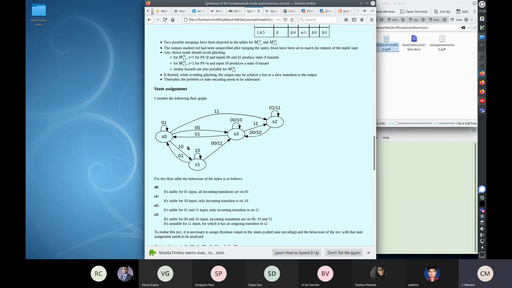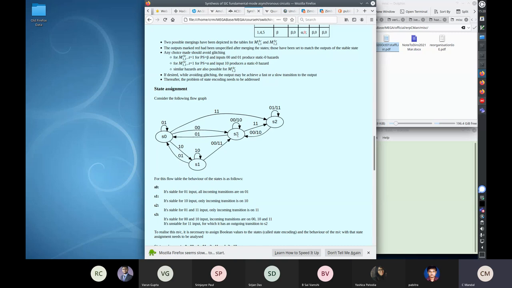So this one is a state machine. As you can see, S0 is stable for the input 0 1. S1 is stable for the input 1 0.